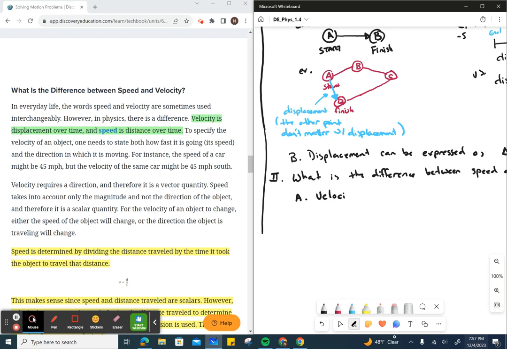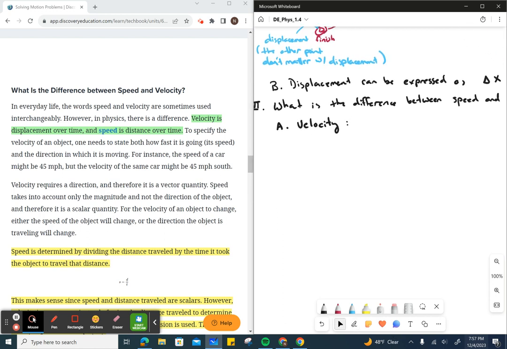Velocity, what you normally think of as how fast you go, right, is displacement over time, okay, versus speed, which they in physics want to make the distinction that it is the distance over time. Okay. All right.